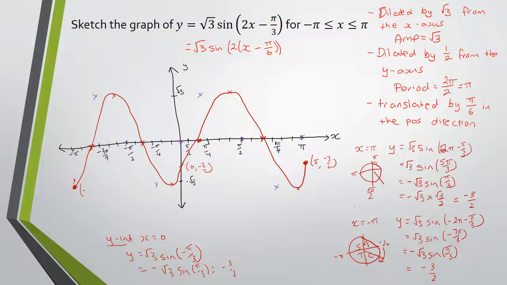But it is at negative pi, and not 3 pi, sorry, just at 3 over 2, negative 3 over 2.